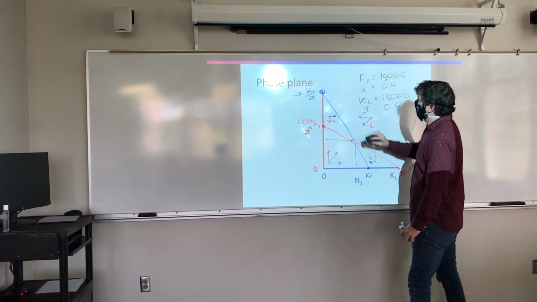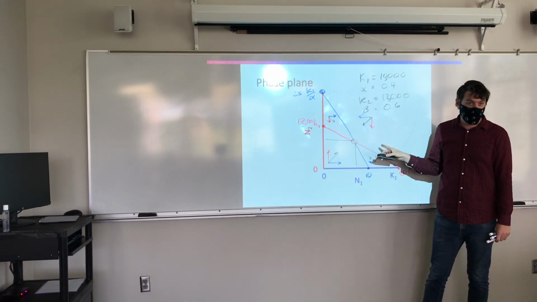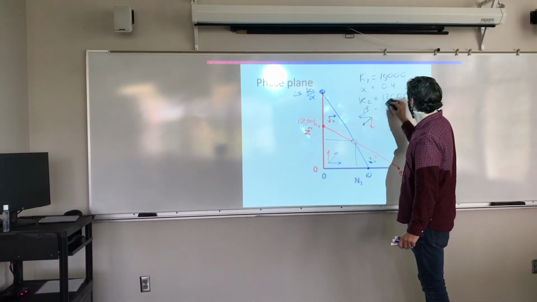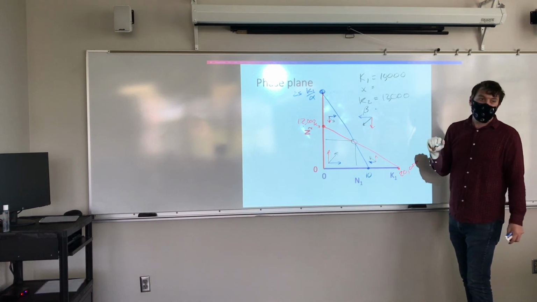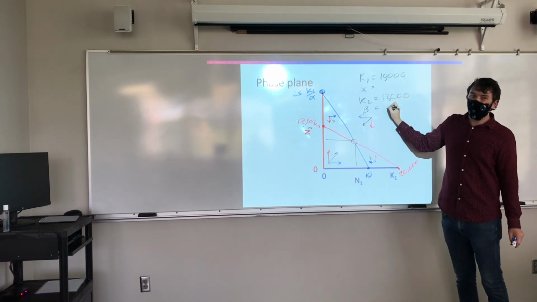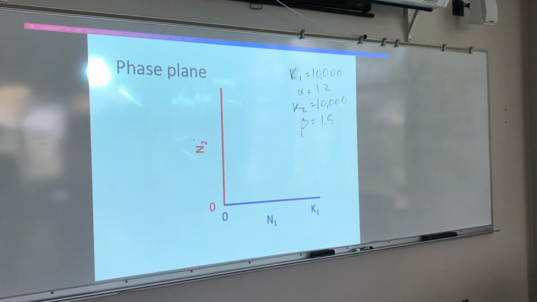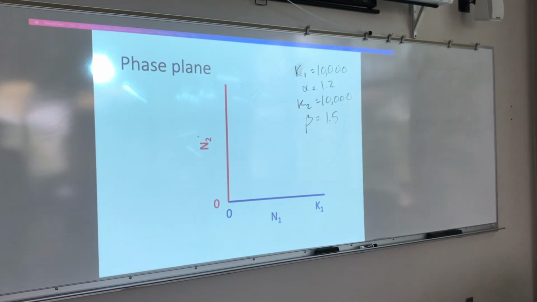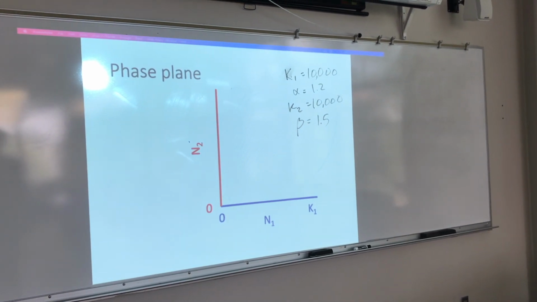I'll tell you what. I want you guys to try to draw a phase plane diagram like this. But we're going to set these alpha and beta values to something that's not very realistic, but is theoretically possible. Okay, try it using these values, where alpha is 1.2 and beta is 1.5.